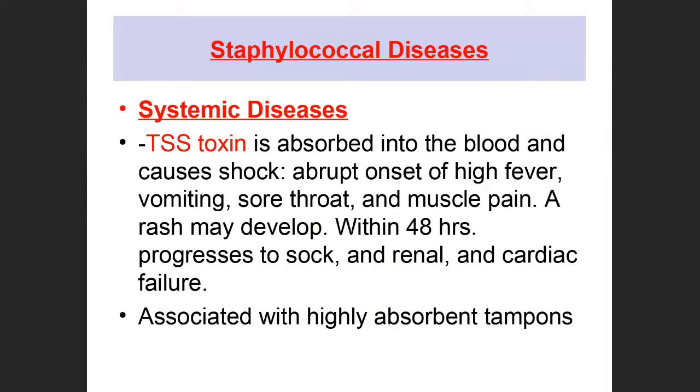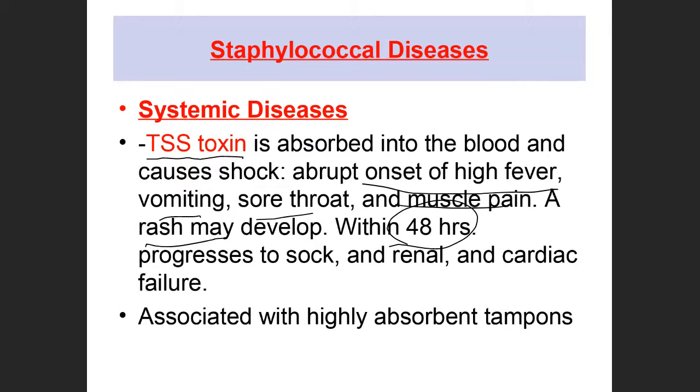Systemic diseases, those are more serious. Toxic shock syndrome toxin. We talked about these in chapter 16. It's a superantigen. You have abrupt onset of high fever, vomiting, sore throat, muscle pain, a rash very quickly.